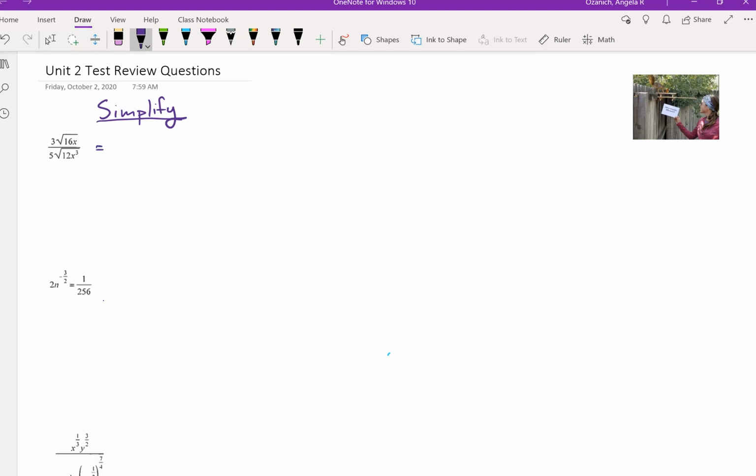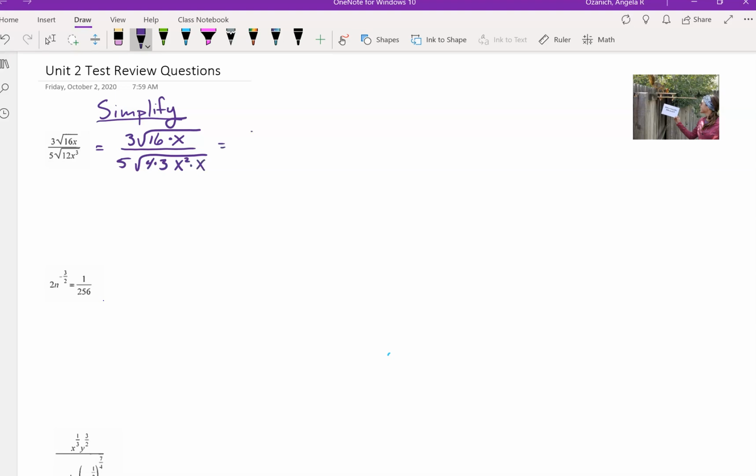So I'm just going to divide this up so you can actually see what I'm taking the square root of, right? 16 is a perfect square times x, so that'll come out. And then on the bottom, I'm going to divide 12 into 4 times 3. And I'm going to divide x cubed into x squared times x.